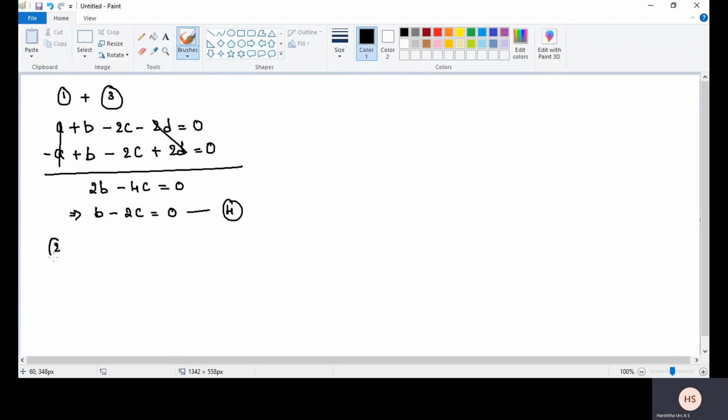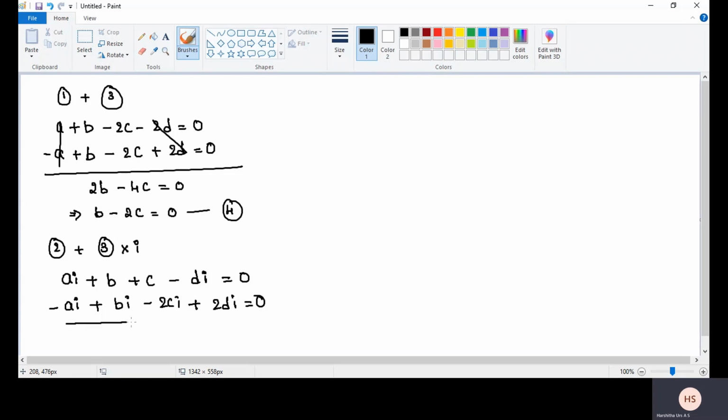Next, adding equation 2 with equation 3, but equation 3 should be multiplied by i. Equation 2 is ai plus b plus c minus di is equal to 0. Equation 3 is minus ai plus bi minus 2ci plus 2di is equal to 0.